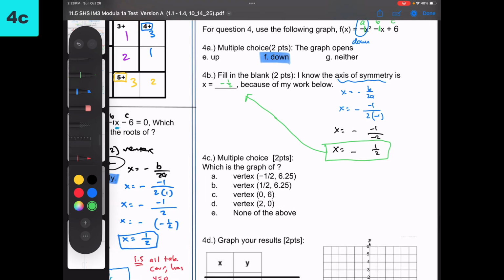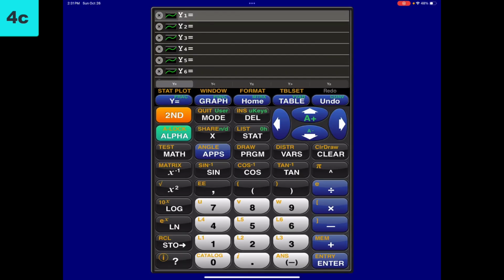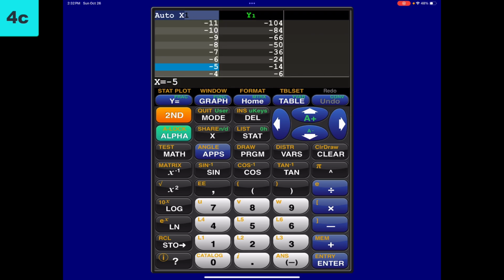Okay, so if you take that value now and you put it into the function from above, -0.5. You could use 1/2 or a negative x squared minus x plus 6. Let's get a table.